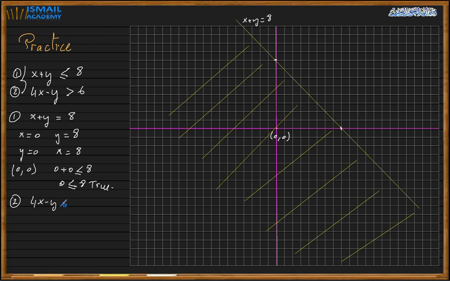So y equals minus x, and when y equals 0, x will get 3/2.